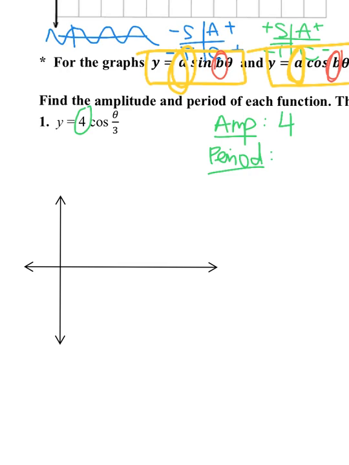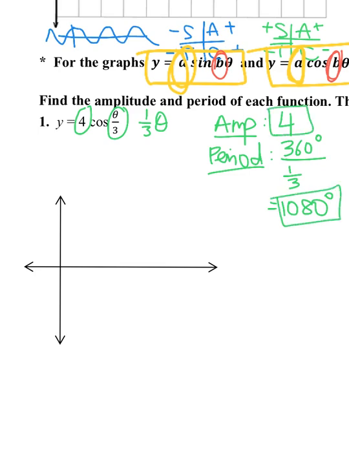So the period is going to be 360 degrees divided by b. And in this case, your theta is being multiplied by 1/3. So 1/3 on that denominator gives me 1,080 degrees for that period.